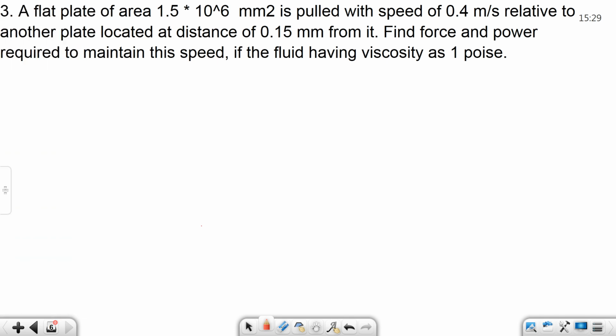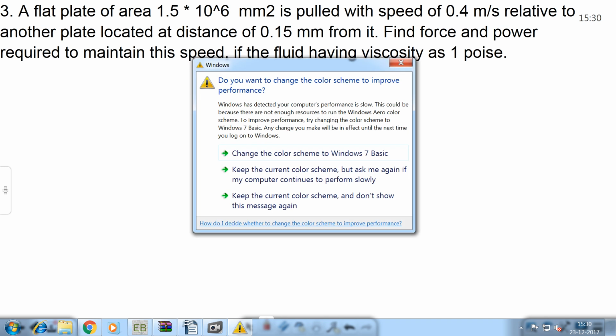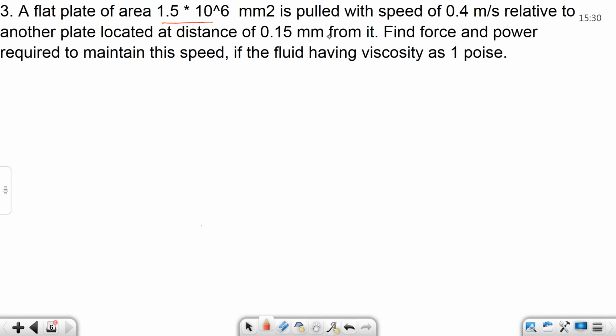Now the next part is one more important numerical, again on calculation of a viscosity related parameter. A flat plate of area 1.5 into 10 raised to 6 millimeter square. So the area of the plate is given in mm square, with the speed 0.4 meter per second. So velocity u is given.